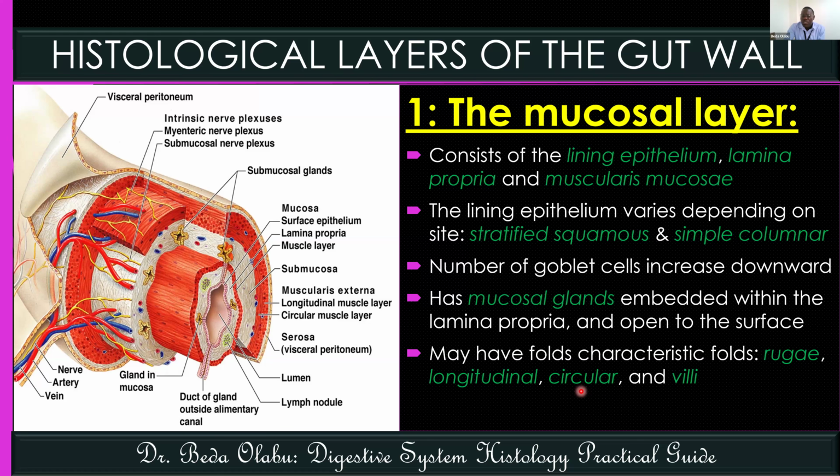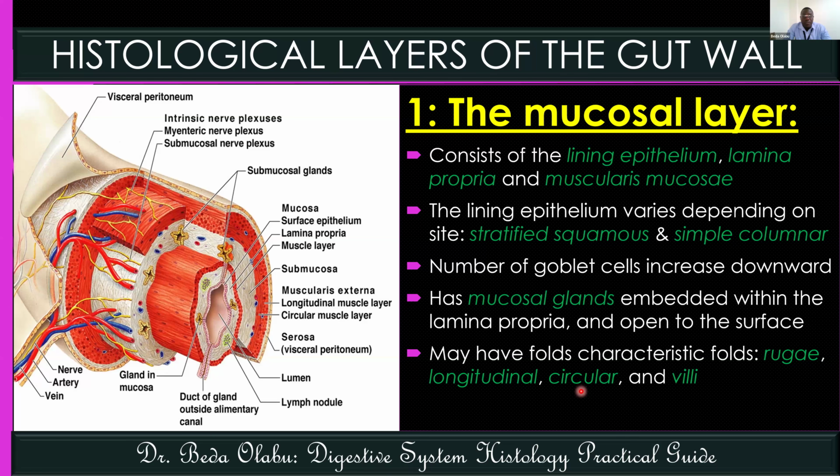Again, some regions have circular folds. There are two types of circular folds. There are some circular folds that are complete rings. We see this largely in the small bowel. They have different names. You can just call them the circular folds of the small intestine, or the valvulae conniventes, or the plicae circulares. They have different names, but they are complete circular rings.